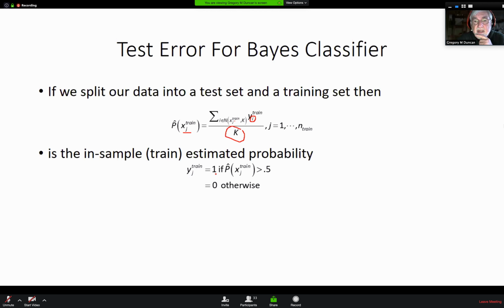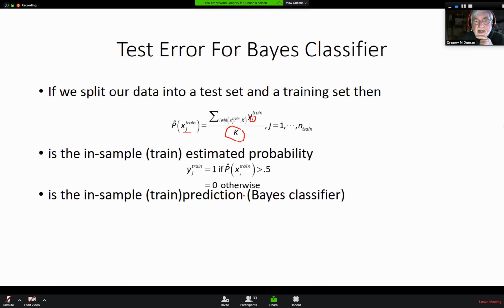I predict the training to be equal to 1 if this probability is greater than 1/2 and 0 otherwise. And my in-sample error is given by this.